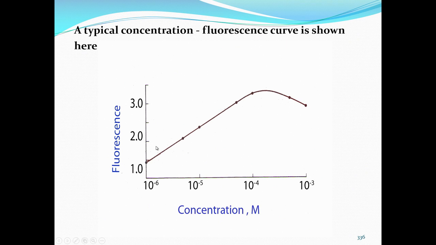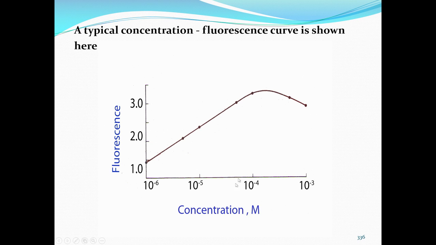For example, the figure I am showing you in the next slide will show you that this linearity extends from 10 raised to minus 6 molar, 10 raised to minus 5 molar, 10 raised to minus 4 molar, and maybe up to 2 into 10 raised to minus 4 or something like that, but definitely not 10 raised to minus 3 molar.